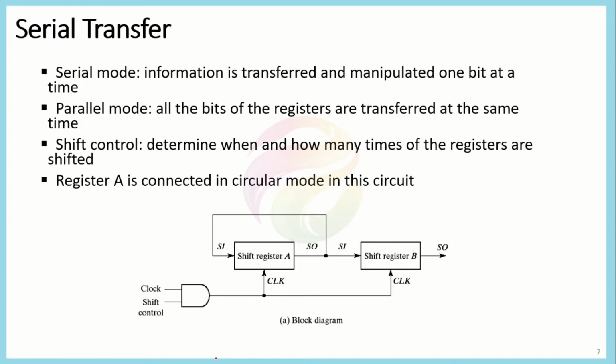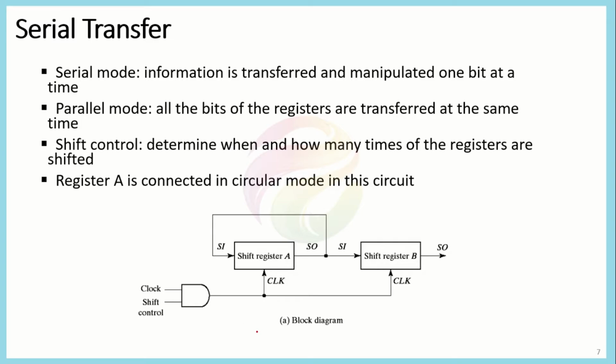Similarly, in serial processing, because now we are dealing with one bit at a time, we need a mechanism from which we can decide how much data we want to shift. Say we want to shift the data 2 bits, or we want to shift the data 3 bits. So there should be some kind of control available to the user, so that from that control we can control the serial data input output manipulation.